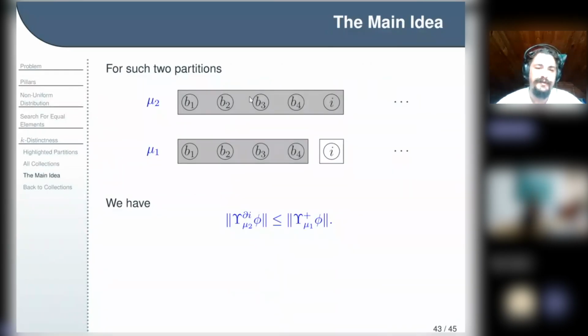If I have two such partitions, then it turns out that this thing where I'm learning this new element I, this epsilon delta I which I was talking about, this query gain at the last slide of my framework, is how much knowledge the algorithm gets after one query.